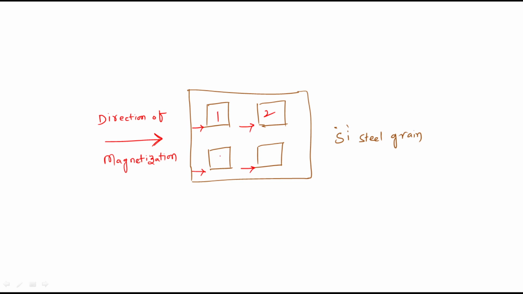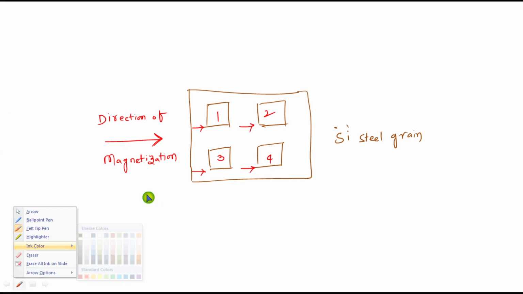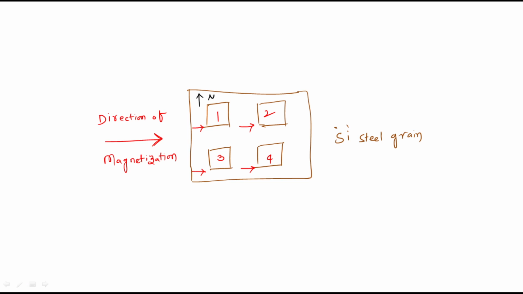Grain 1, 2, 3, 4. So obviously, high mu, high mu, high mu. In this case high mu.